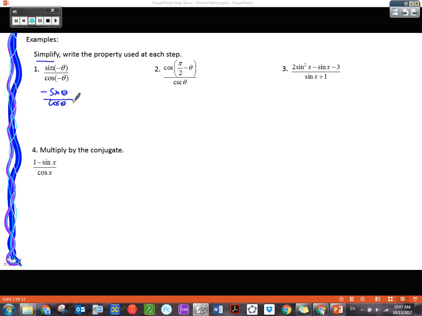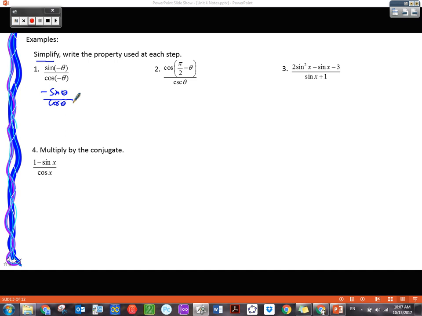Now, here's the requirement. I require that you write a reason for everything that you do. Everything. On proofs, everything. I want to be able to follow your work. And as you can imagine, it can be very interesting grading trig proofs from students.